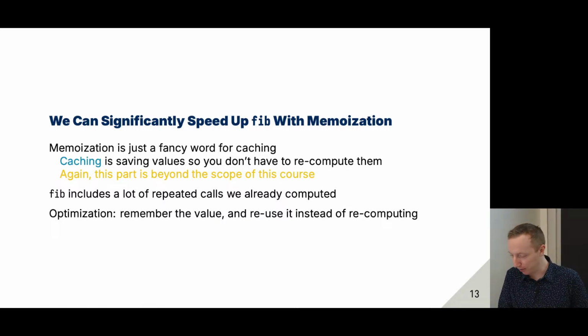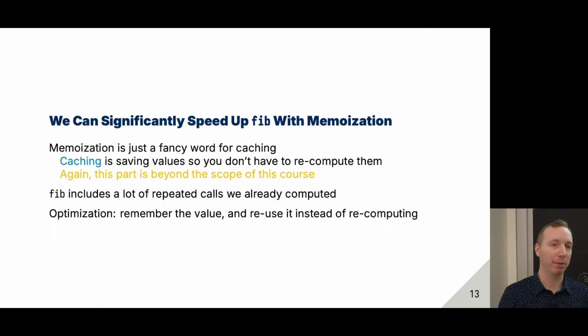We'll get some more practice as it goes on. But just so you know, you can significantly speed this up without changing it from being recursive, with something called memoization, which is just a fancy word for caching. And caching is just a fancy word for saving values so you don't have to recompute them.